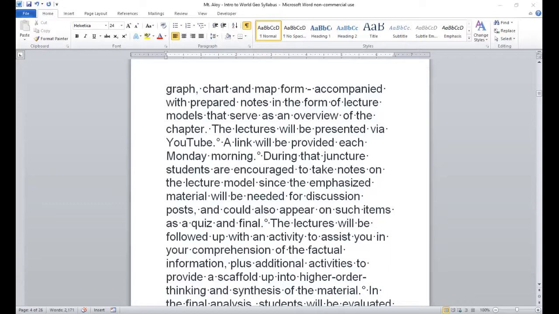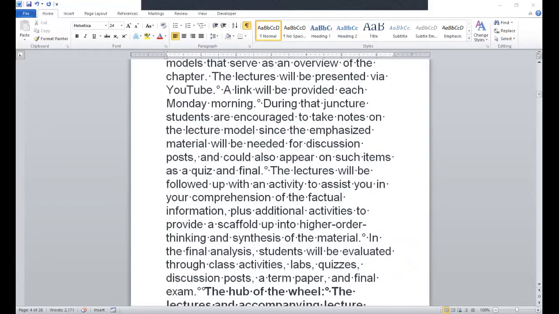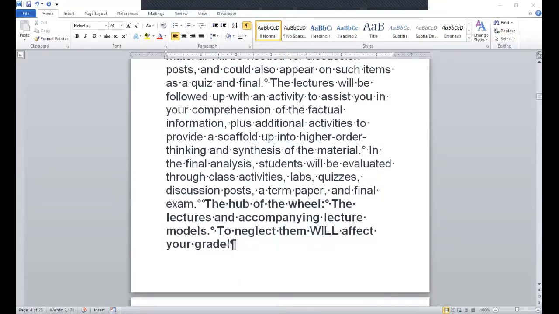The lectures will be followed up with an activity to assist you in your comprehension of the factual information, plus additional activities to provide kind of a scaffold up into higher order thinking and synthesizing the material. So in the final analysis, you'll be evaluated through class activities, labs, which I'll get to in a minute, quizzes, and discussion posts.